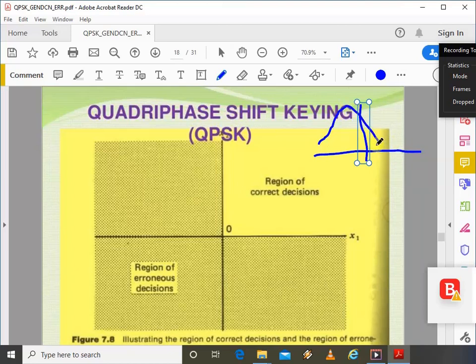Therefore if you assume that the distribution is of Gaussian type, then the distribution of the two signals will be of this kind. So we know that in case of BPSK we are transmitting symbol 1 or 0. Because of the addition of the noise, what will happen?